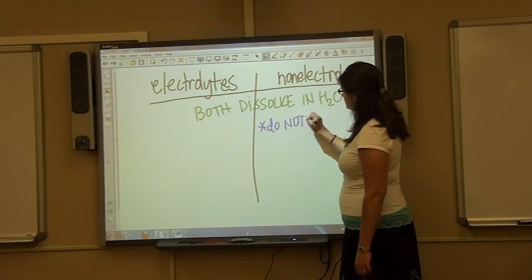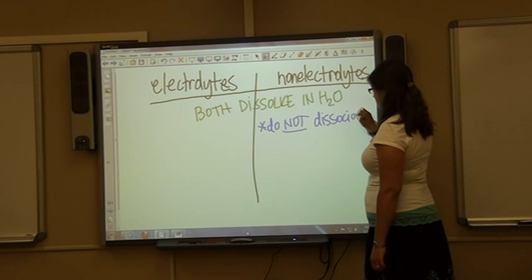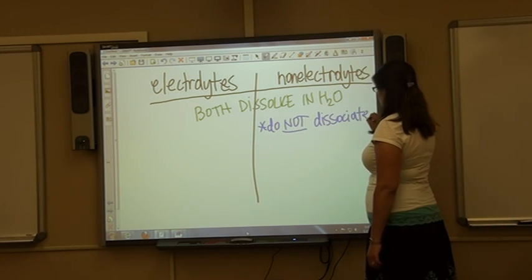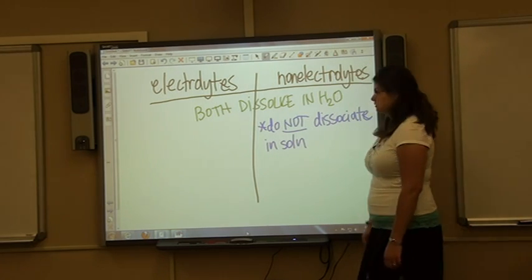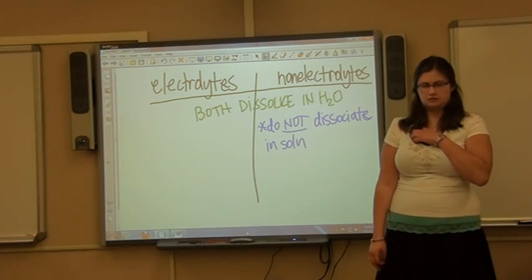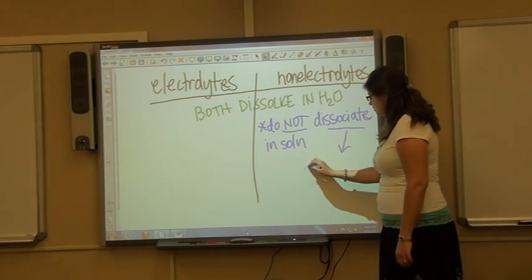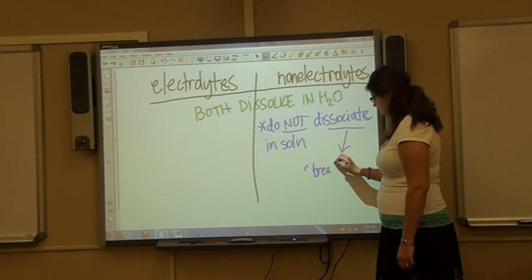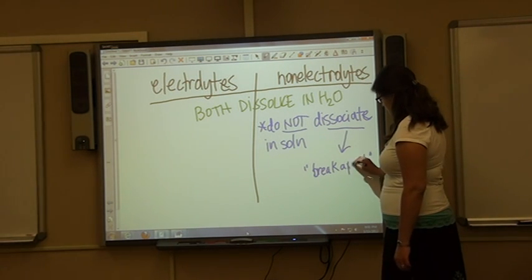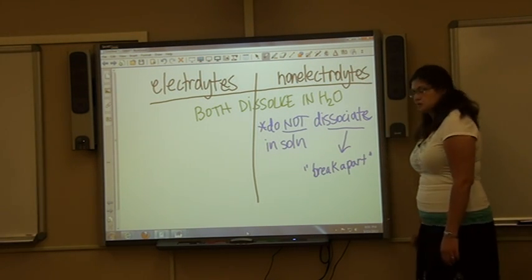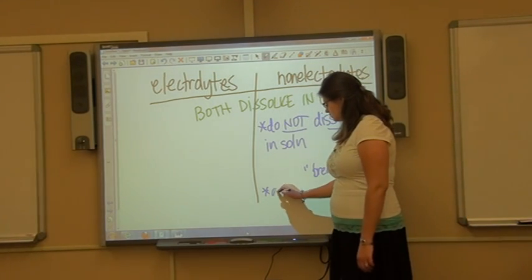Non-electrolytes do not, this is a chemistry word, dissociate in solution. Dissociate. Dissociate in English means break apart. The only non-electrolyte I want you to be aware of is glucose.